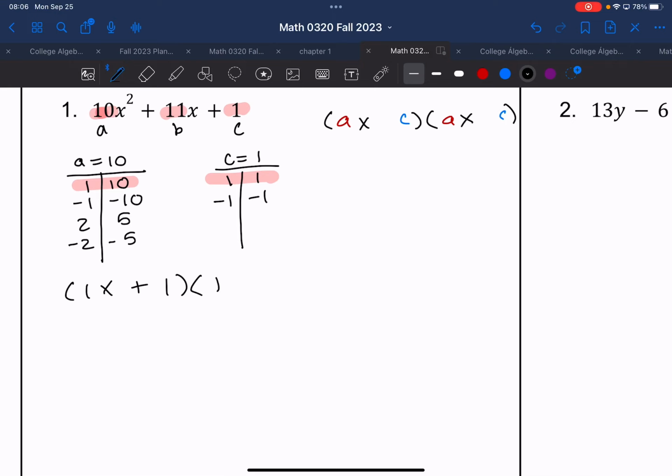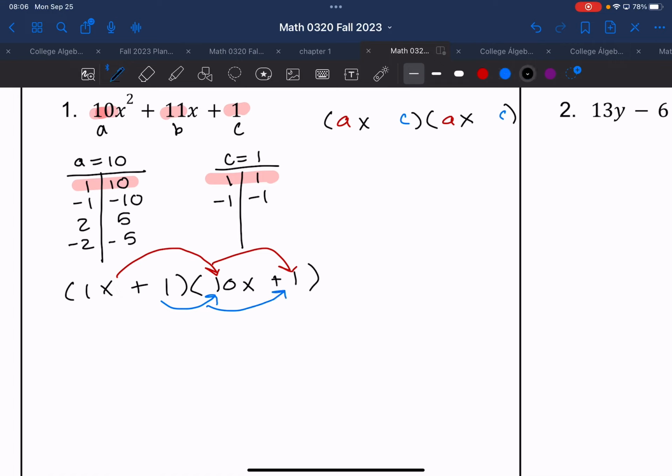And then we have 10x plus 1. Okay? So that's going to be our first guess. To determine if this guess is correct, we're going to have to FOIL out these 2 parentheses. Remember when we FOIL, we distribute that first term, and then we distribute that second term.